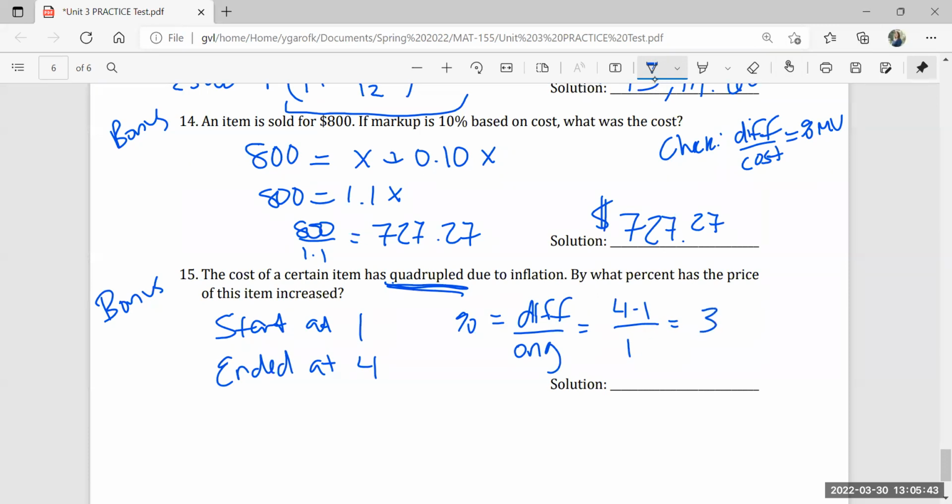Which is going to give us 3. So here we see a 300% increase. Okay, be careful. If it's quadrupled, it's gone up by 300%. If it's doubled, it's gone up by 100%. Remember, you had that original of 100% there. If it triples, it goes up by 200%. Again, you can use real numbers to check it and just use the formulas that we know.